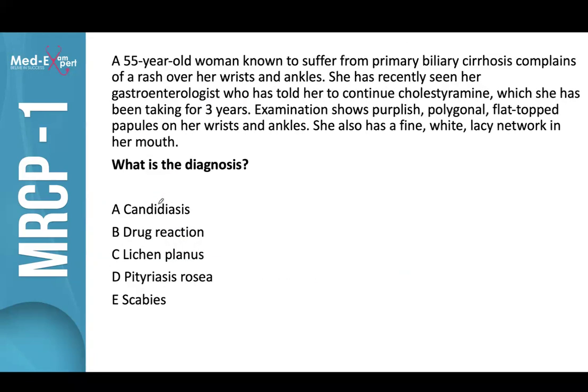A 55-year-old woman suffered from primary biliary cirrhosis. She now complains of some rash over her wrist and ankles. She was recently seen by a gastroenterologist who told her to continue cholestyramine, which she had been taking for 3 years. Examination shows purplish polygonal flat papules on her wrist and ankles, and a fine white lacy network in her mouth. What is it?